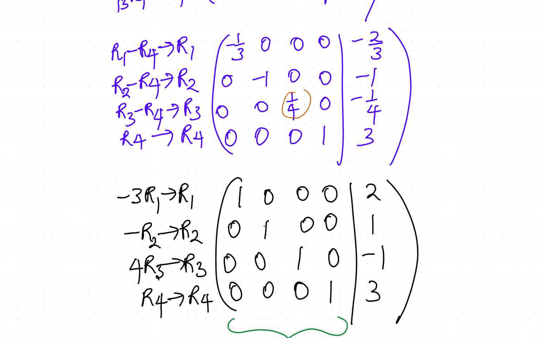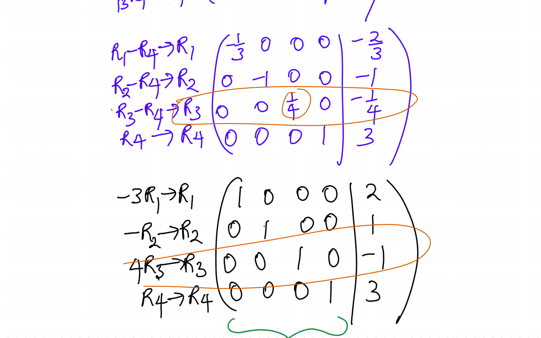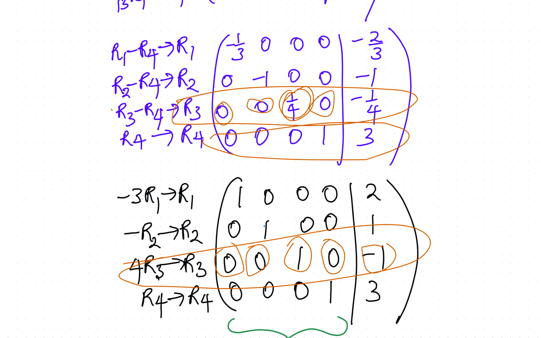That's why by multiplying the old row 3 by 4, you get the new row 3. So 4 times 0 is 0, 4 times 0 is 0, 4 times 1 over 4 is 1, 4 times 0 is also 0, 4 times minus 1 over 4 is minus 1. And then row 4 is 0, 0, 0, 1, which we want, so we have it as we like it.